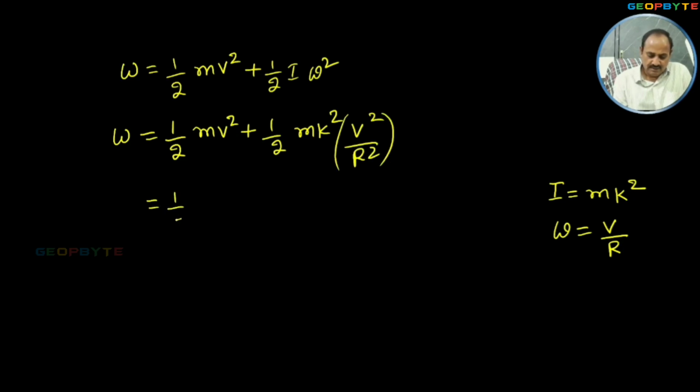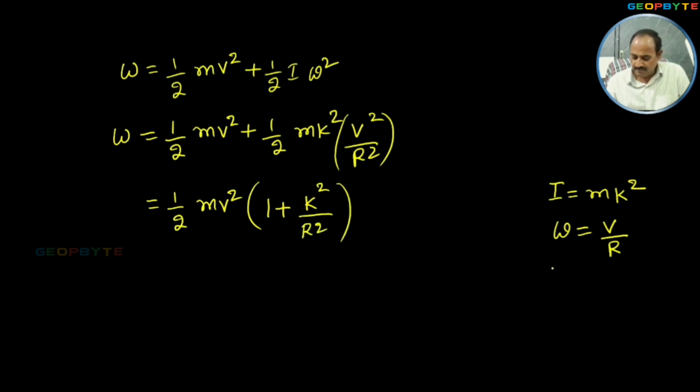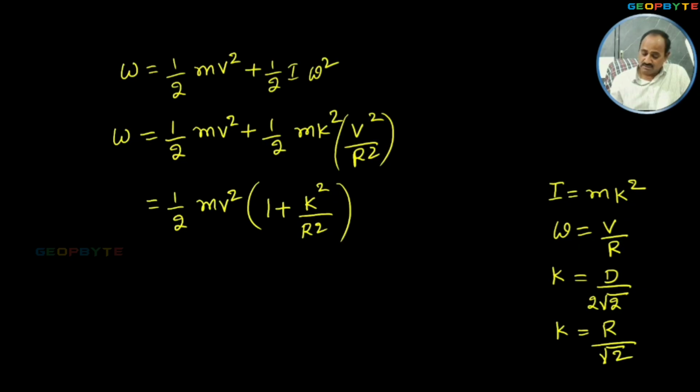From this I can write half mv square outside, 1 plus k square by r square, where k is the radius of gyration, that is d by 2 root 2 for solid disk. K equal to d by 2, I can write as radius divided by root 2. Since k is r by root 2, k square equal to r square by 2.